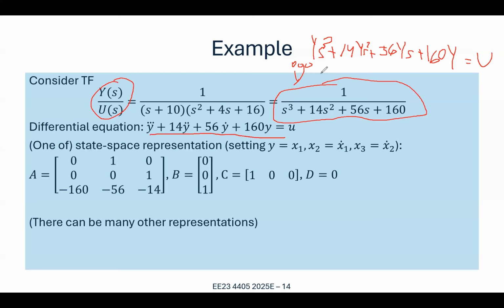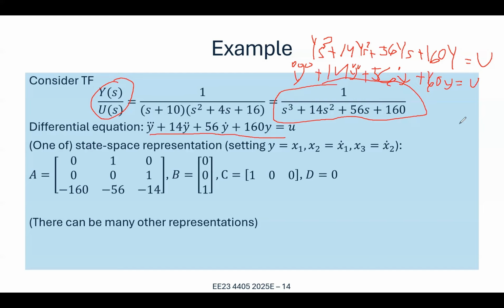So y triple dot plus 14 y double dot plus 56 y dot plus 160 y is equal to u.